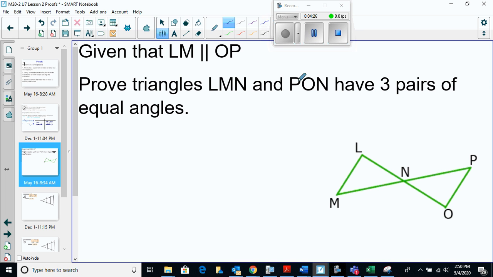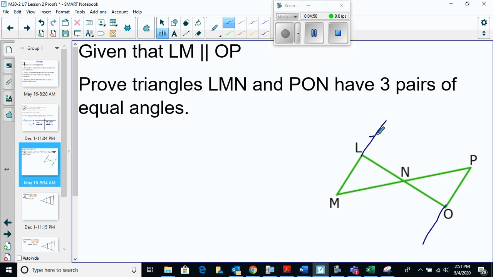Well, let's move to another example here. Given that the two lines LM and OP are parallel to each other, prove that triangles LMN and PON have three pairs of angles equal to each other.